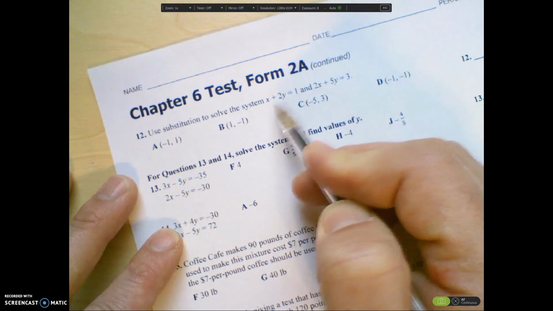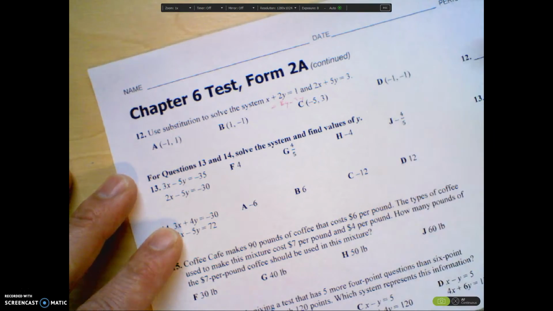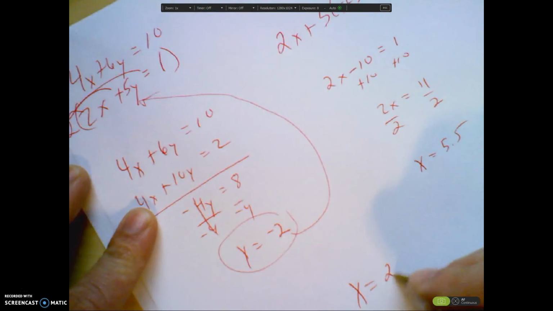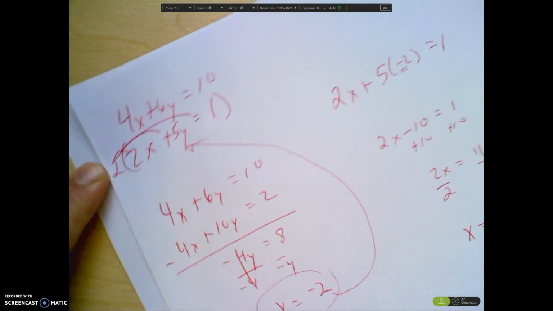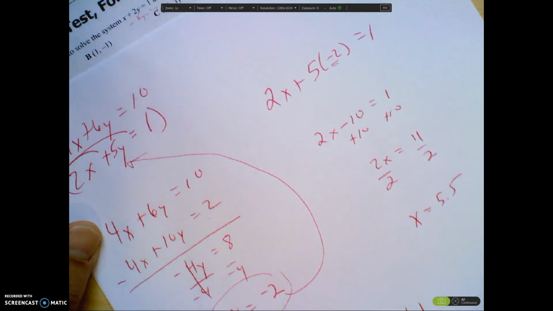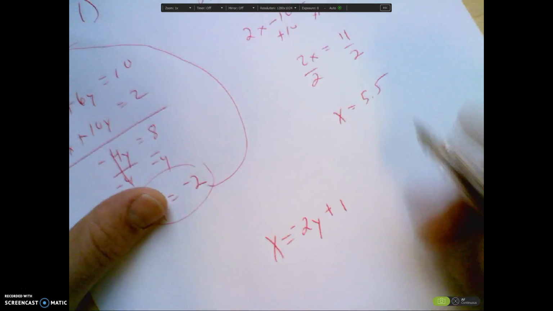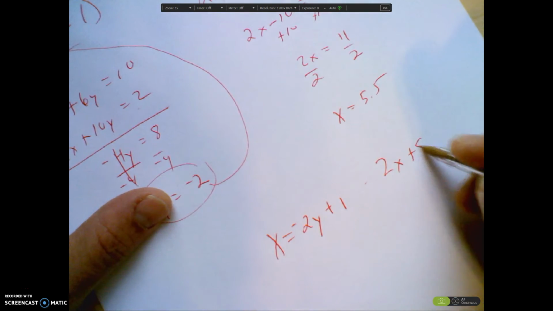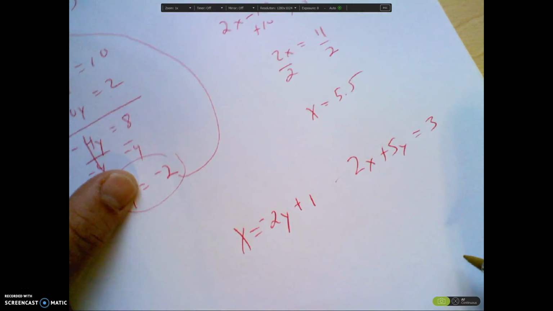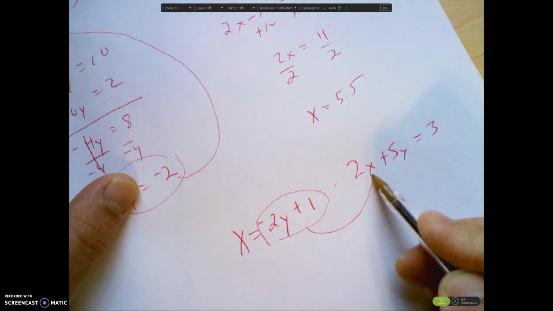We can solve this for x really easy by subtracting 2y from both sides. Let's see, x equals negative 2y plus 1. So I solved that for x. And we're going to plug that into 2x plus 5y equals 3. So I'm going to put this right here for x.